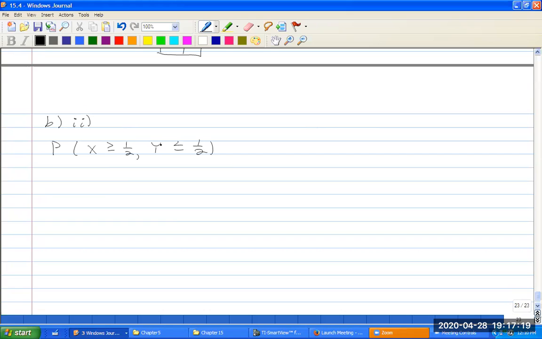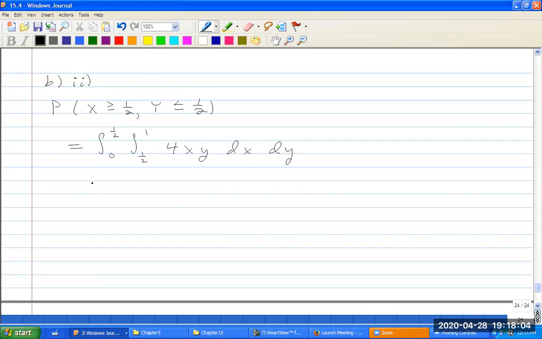Oh, and of course, when I do the integration, they should be capital letters, but for some reason I like using lowercase letters. That's really an abuse of notation, but that's what I do. Okay, so for y, it goes from 0 to 1/2. For x, it goes from 1/2 to 1 of my probability density function. Again, I should be using uppercase letters. So f(x,y) dx dy.